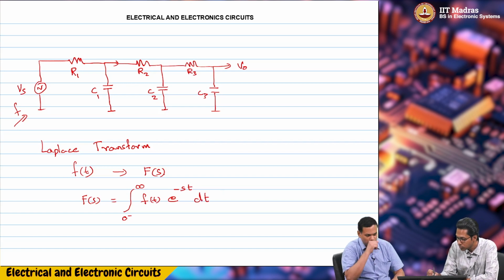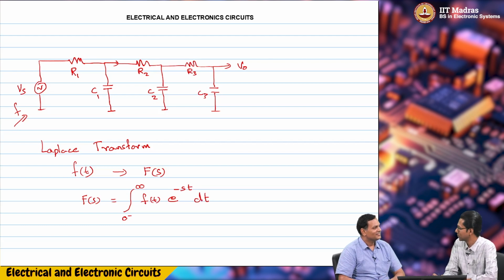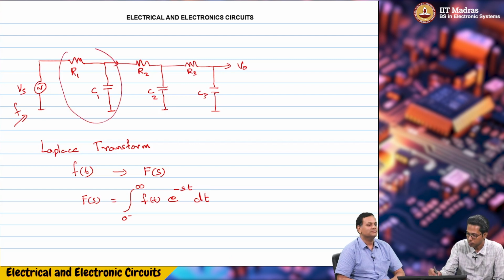So now we see something new. S. Actually, what is 0 minus? 0 we know. So I think in the circuit analysis, sometimes we may have, let's say you were talking about this RC circuit.